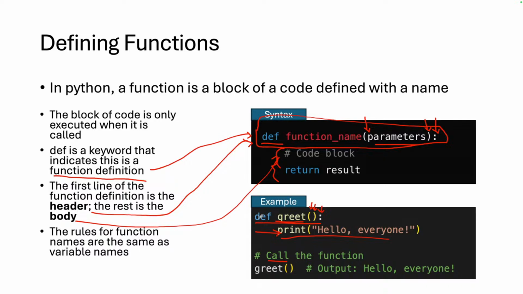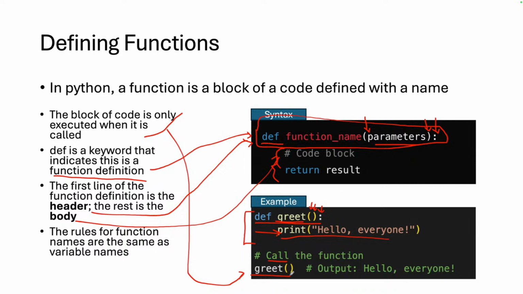But when we define this section of code and we run this in the program, it doesn't do anything until the function is called. So this code block is only executed when the function is called. And here we are calling the function. So this is how we would call a function.